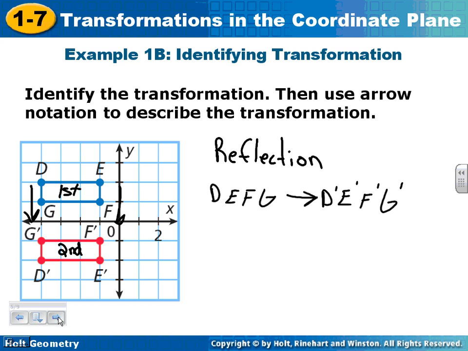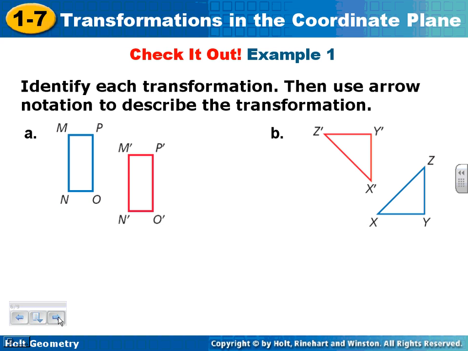Let's look at the next one. Identify each transformation, then use arrow notation to describe it. So letter A. That's just going from blue to red. This is the first one and the second one. Looks like it's going down and over, so that's a slide.